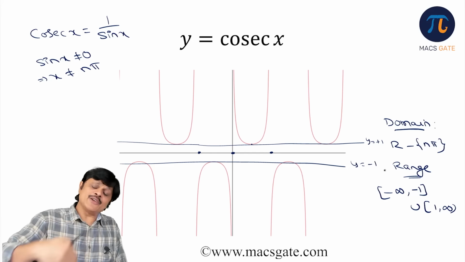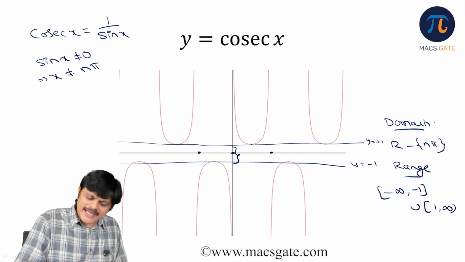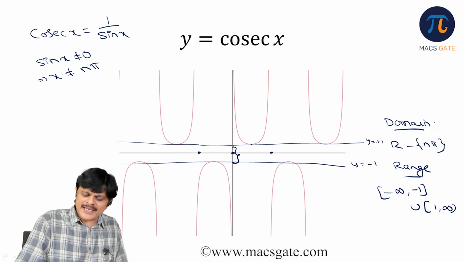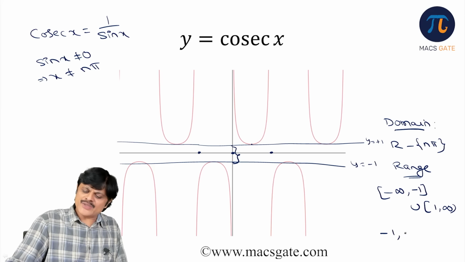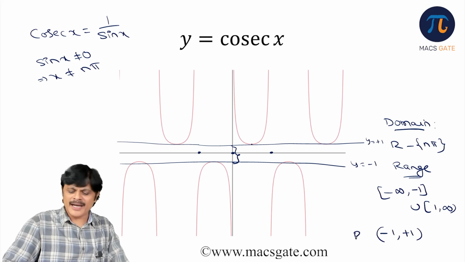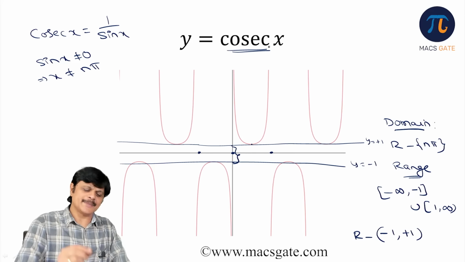It takes values above 1 and below minus 1. There is no graph from minus 1 to plus 1, so it will not take values from minus 1 to plus 1. Minus 1 to plus 1 is removed from R, like that also you can check. That is called the range. Okay, about cosecant x.